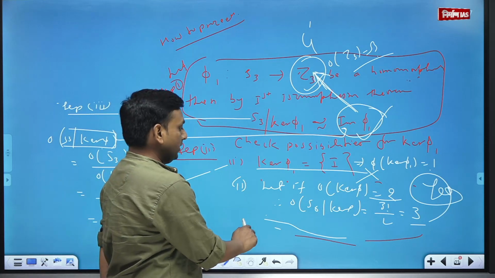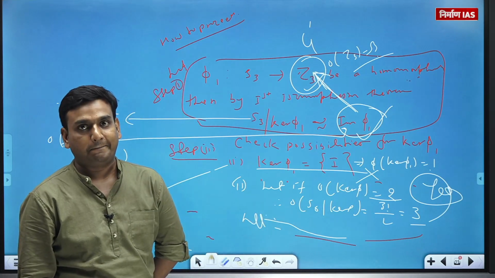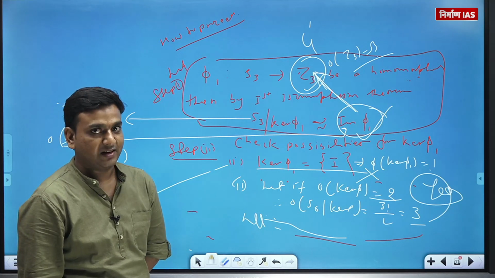Similarly, you can talk about the case where the order of kernel phi is 3. Getting my point?